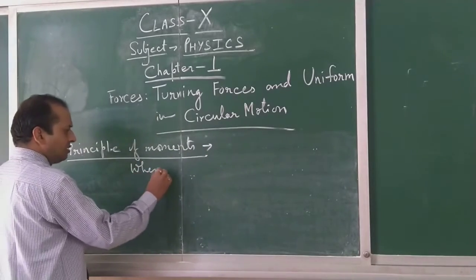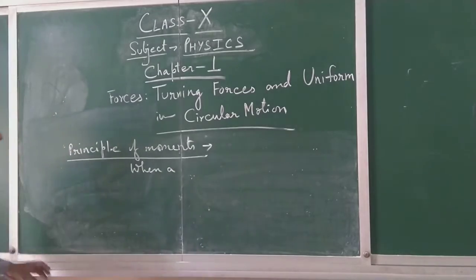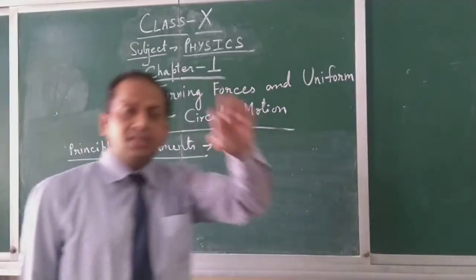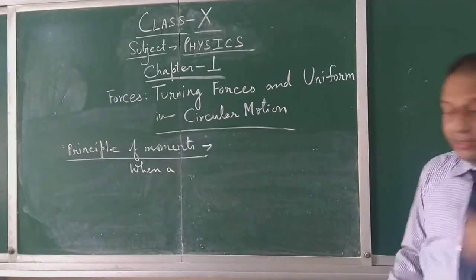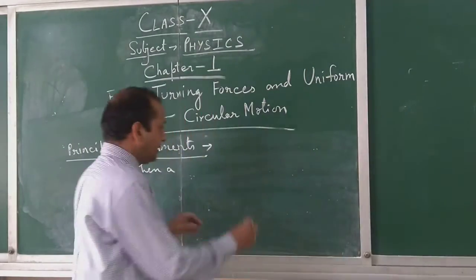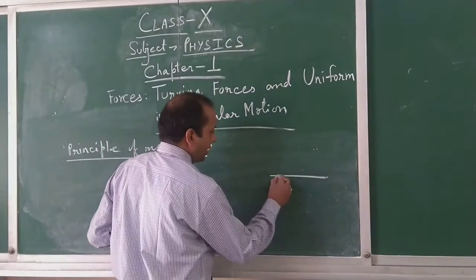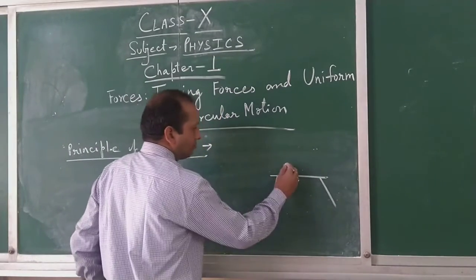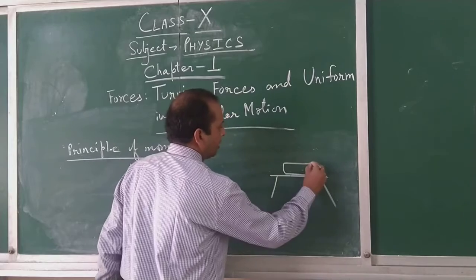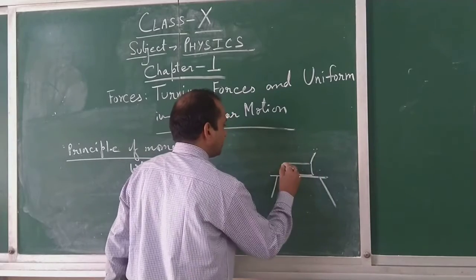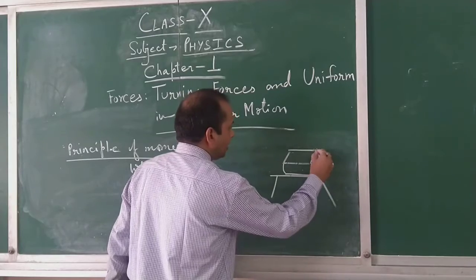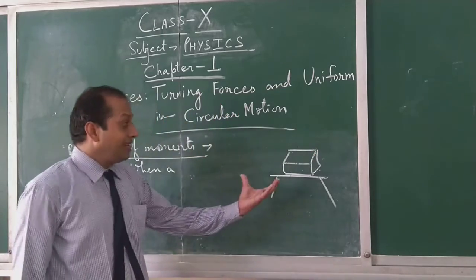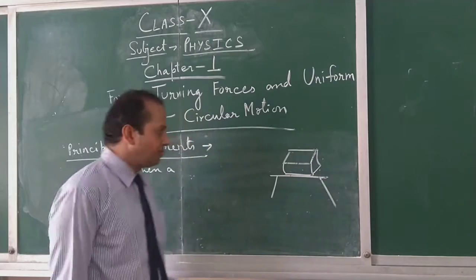Static equilibrium, you know that. One example I am giving you, children: if a book is kept on a table, then it is under static equilibrium.